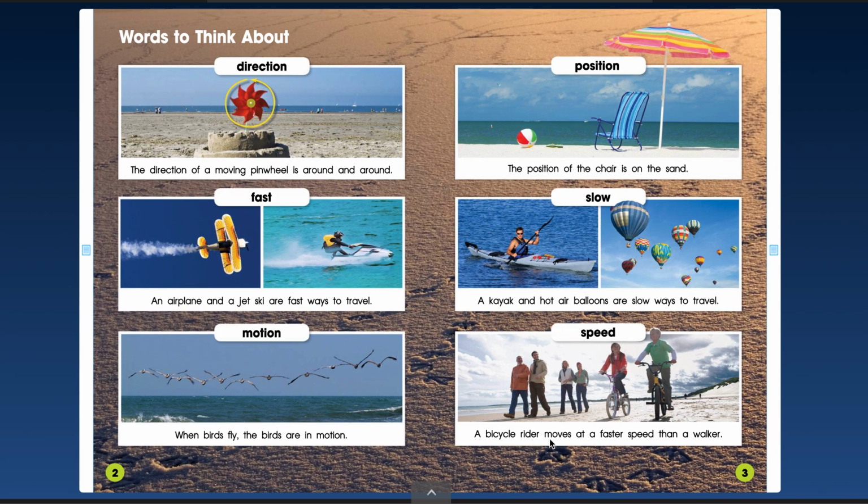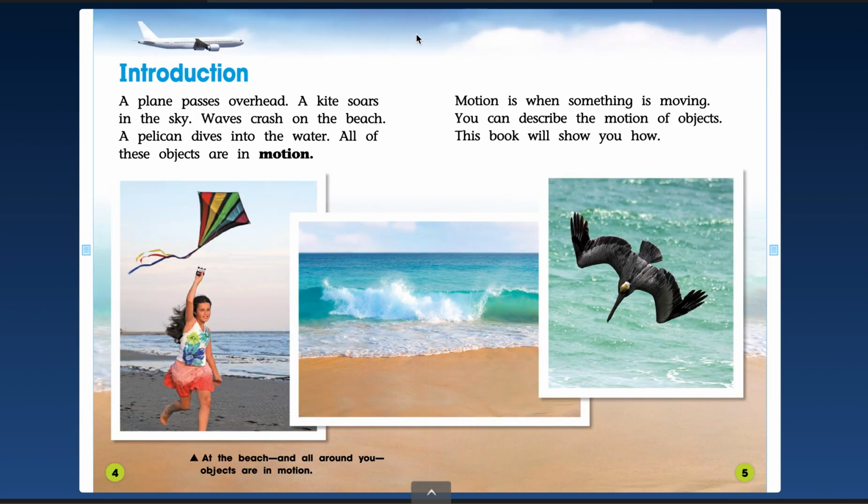The bicycle riders move at a faster speed than the walkers. Okay, again, speed, talking about a race, who would win? The people walking or the kids on the bicycle? You're right. The kids on the bicycle would win. They are much faster, and that is talking about the speed. All right. Now that you're ready with your vocabulary, let's get into our story.